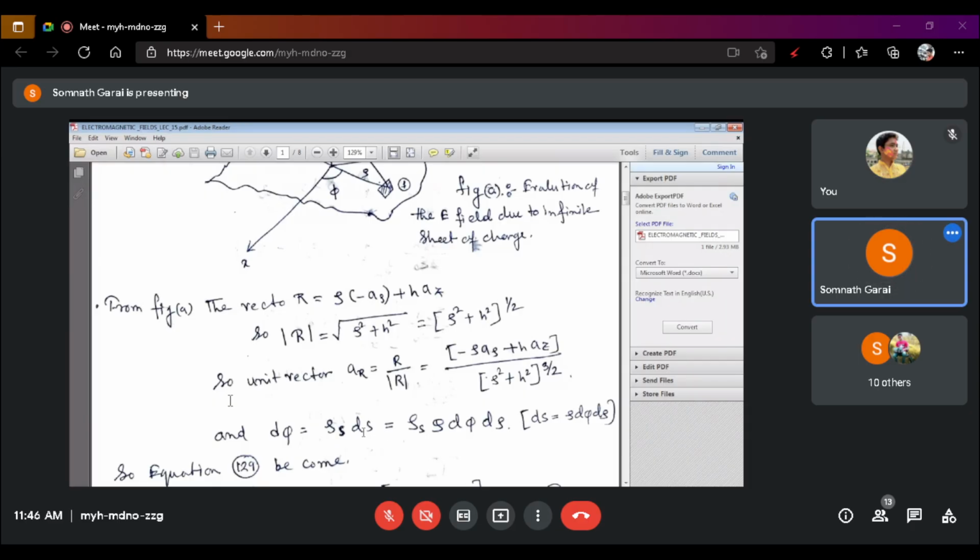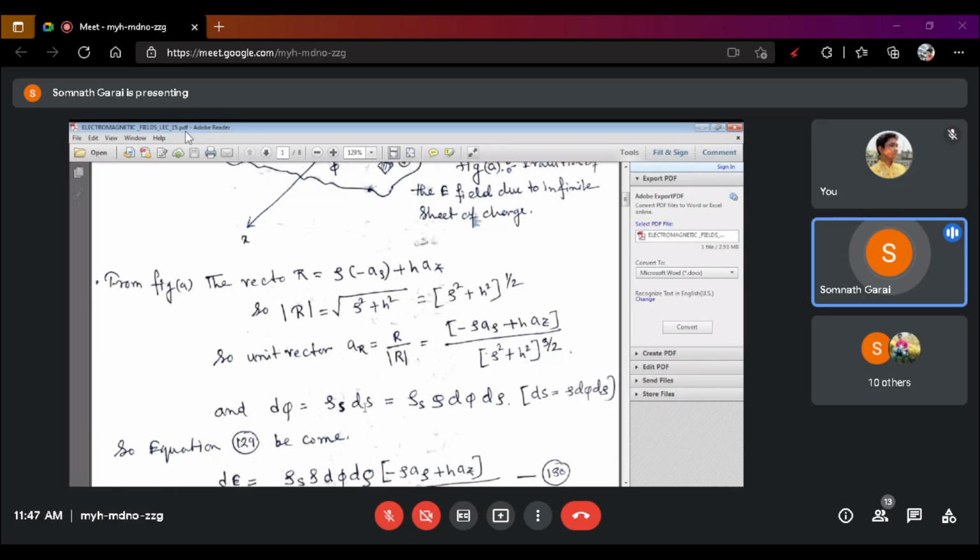So ds in cylindrical coordinate system, because R is in cylindrical coordinate form, the differential surface area in cylindrical coordinate system, we have already studied, is given by rho into d phi into d rho.